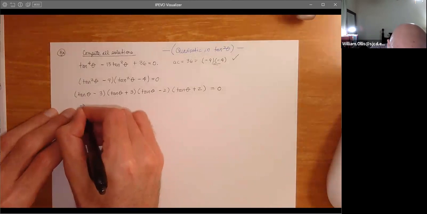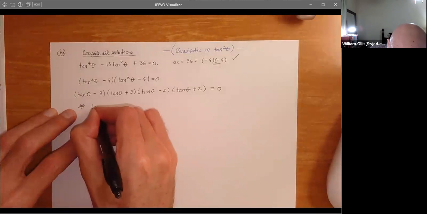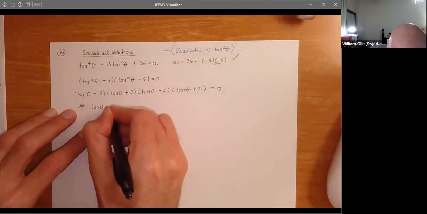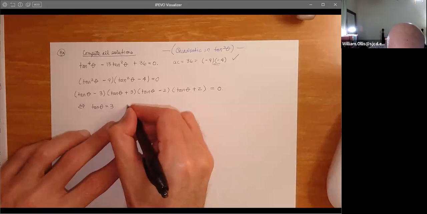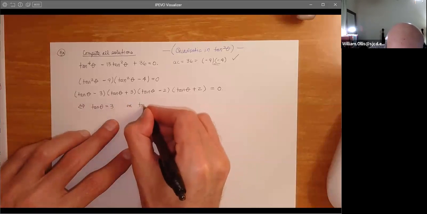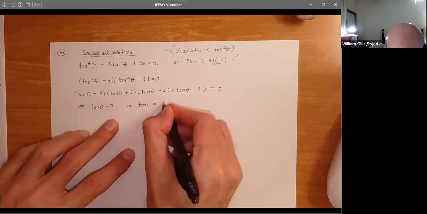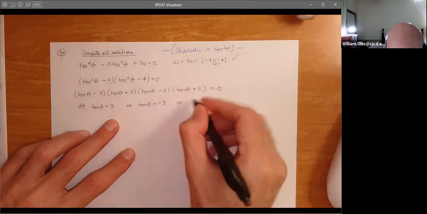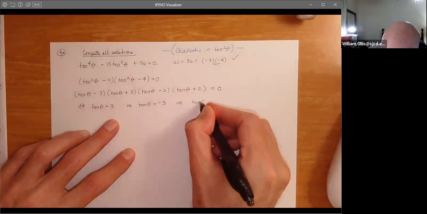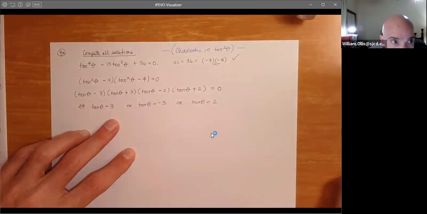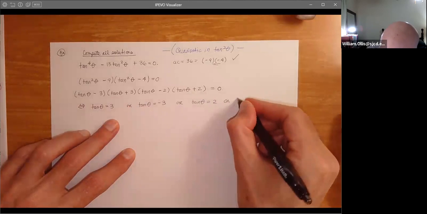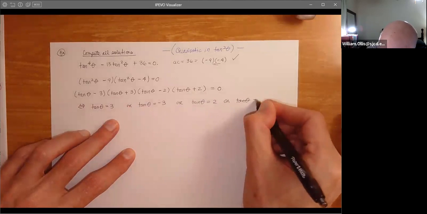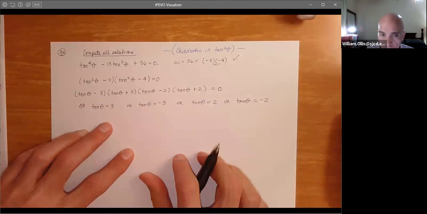So if and only if tangent theta equals 3, or tangent theta equals negative 3, or tangent theta equals 2, or tangent theta equals negative 2.